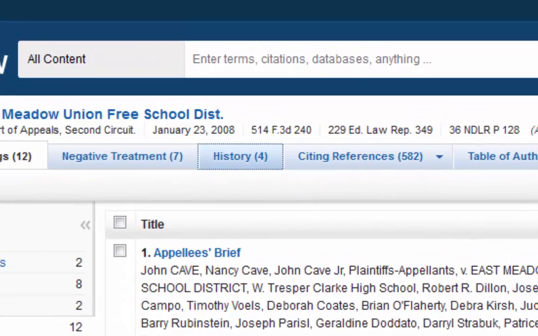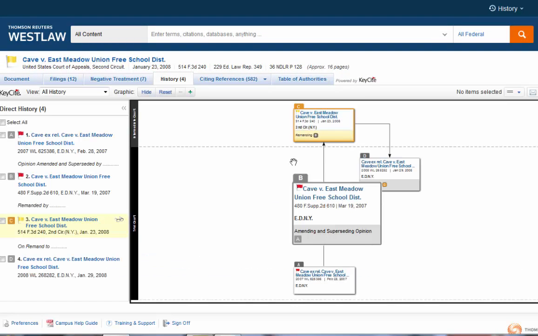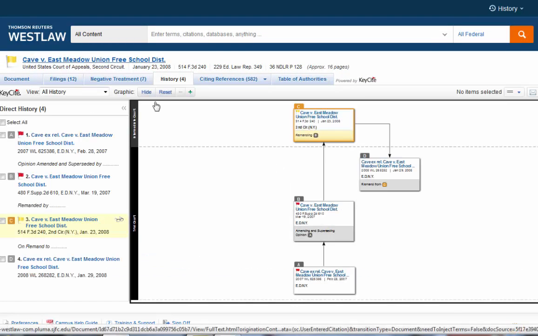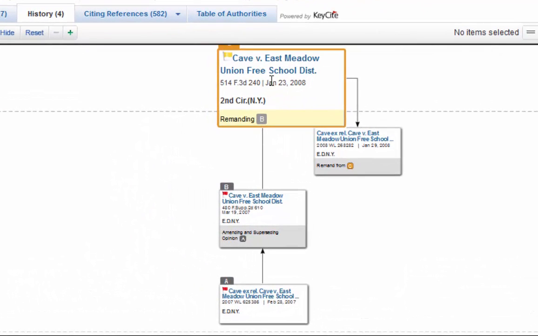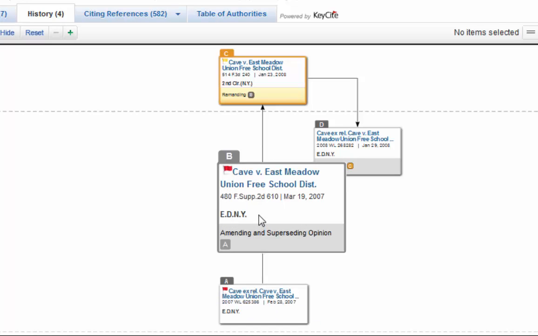The next tab across the top is the history section, and this can be pretty valuable. The case that we're looking at here is highlighted, so we're looking at C. So this is the trajectory that the plaintiffs and defendants took with this case. So it started in a lower court, in a trial court, then it went to the next court.